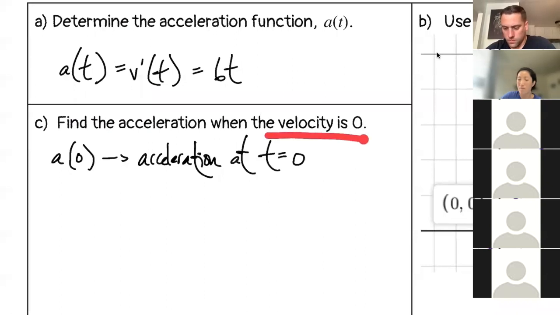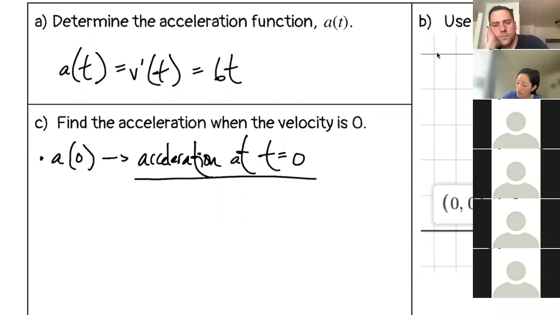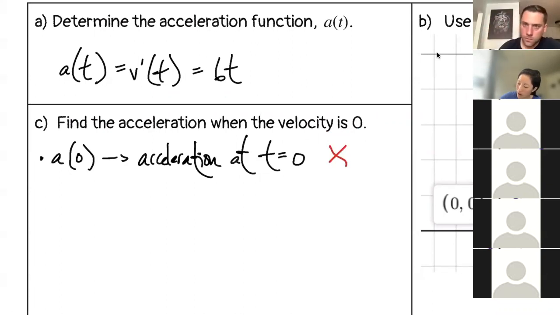Is that the same as when the velocity equals 0? I would say that it's not necessarily true. It might coincidentally be that, but acceleration at the initial time is not necessarily when the velocity is 0. So great idea, but not quite appropriate for this particular question.